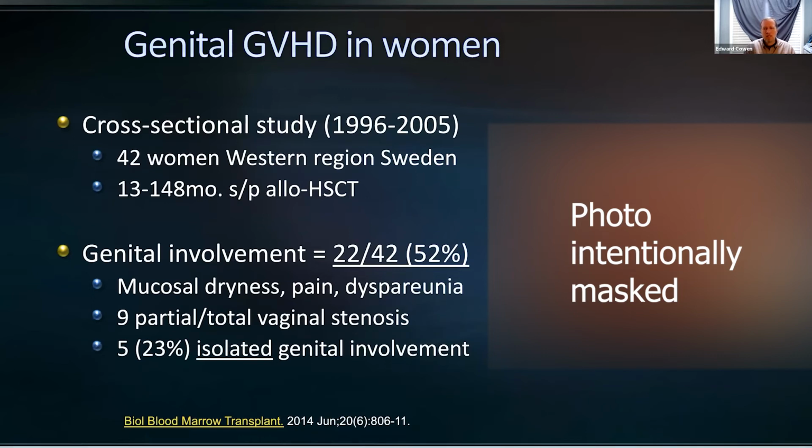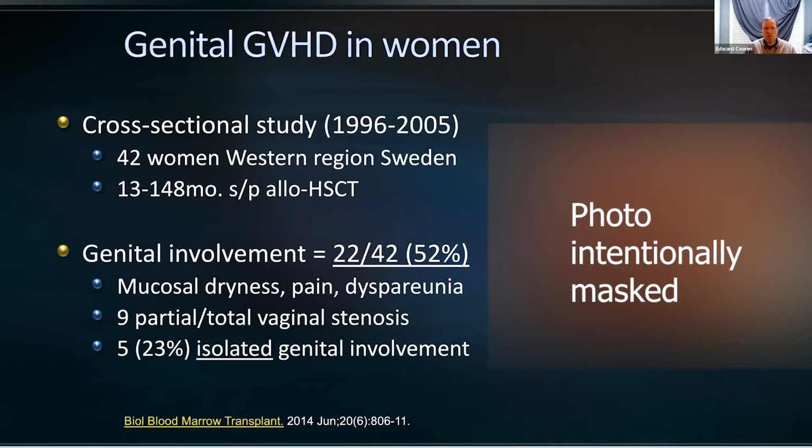I'm not going to spend too much time on mucosal disease because we're focusing primarily on skin today, but it's important to consider the potential for genital involvement in women and in men. In my experience, a lot of times this goes undiagnosed because the transplant physician may not focus on this and certainly may not do an examination, and women may be less likely to offer symptoms unless they're specifically asked about this.